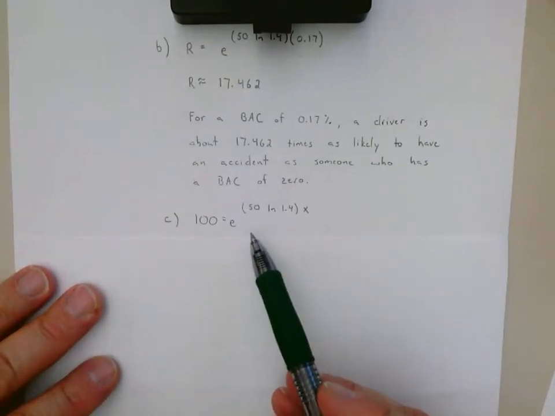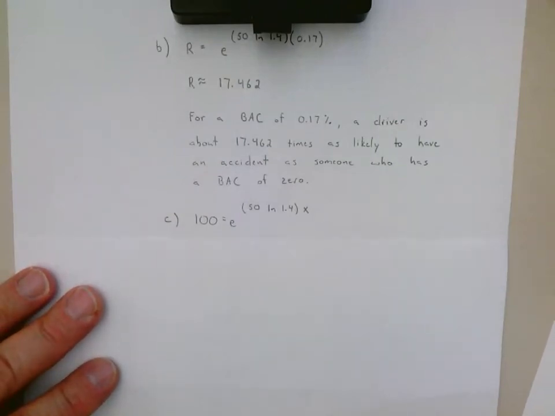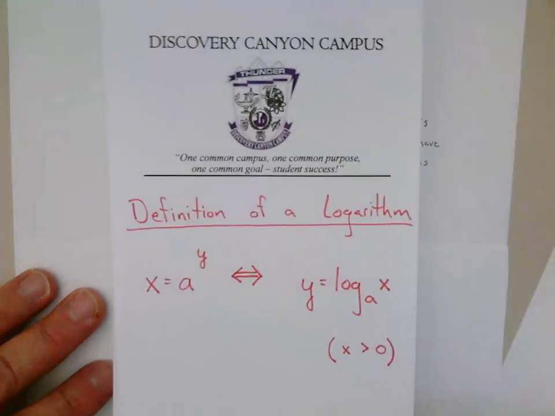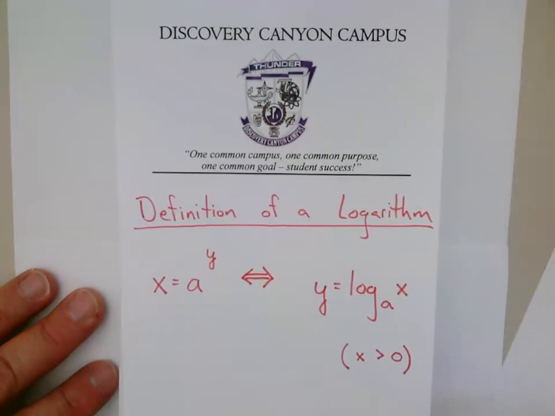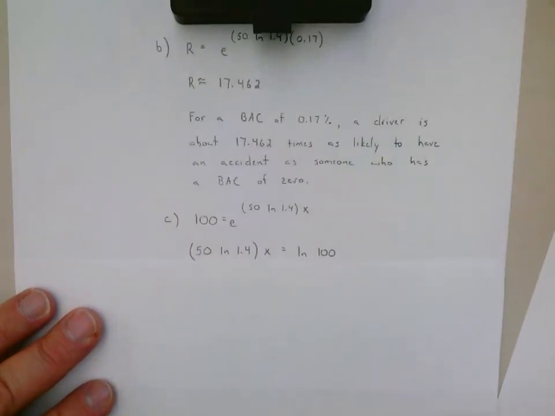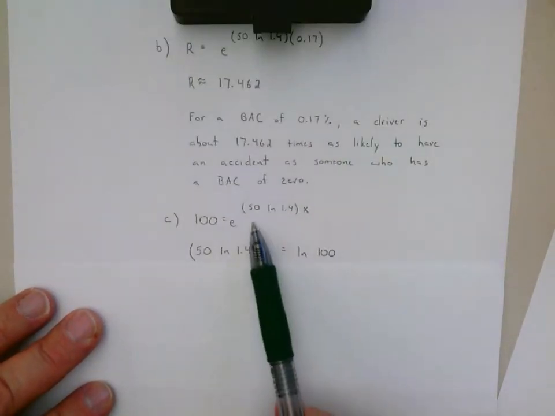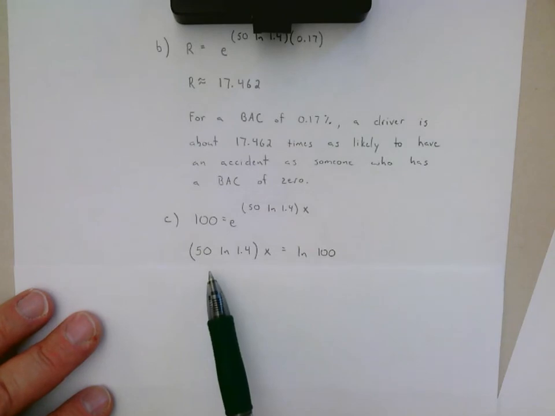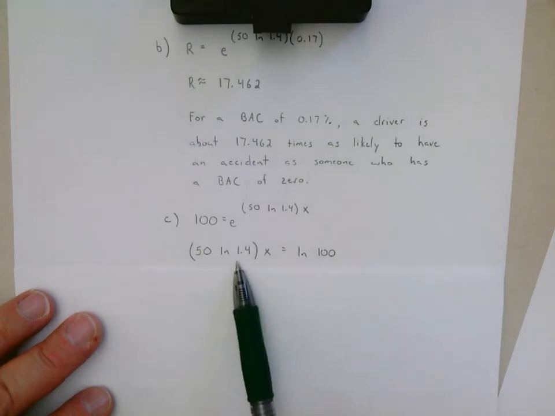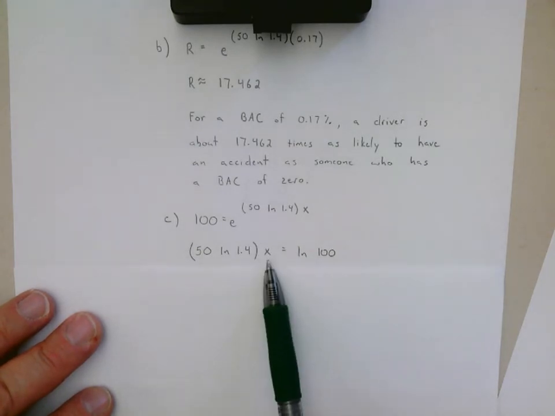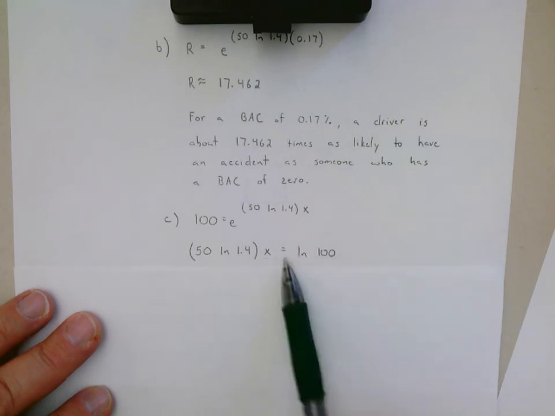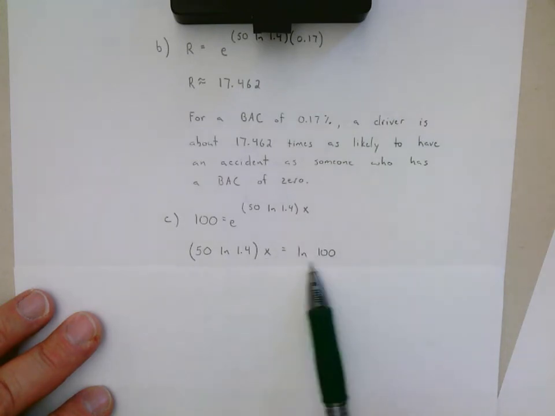In order to solve this equation, I need to isolate my exponent, and so I'm going to use my definition of logarithms again to rewrite this as a natural logarithm. Here's my exponent, my constant, 50 times the natural log of 1.4, multiplied by the unknown concentration x, equals a logarithm whose base is e of the argument 100.